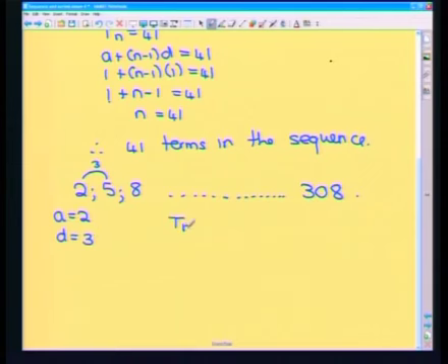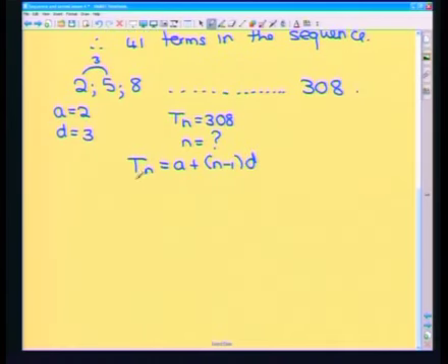My nth term is 308, and I want to find n. So my formula Tn is equal to a plus n minus 1 d. All is well with this formula because I have got this, this, and this, which leaves me with only one more thing to find. So I can say 308 equals 2 plus n minus 1 times, I don't know, and the difference I know is 3.